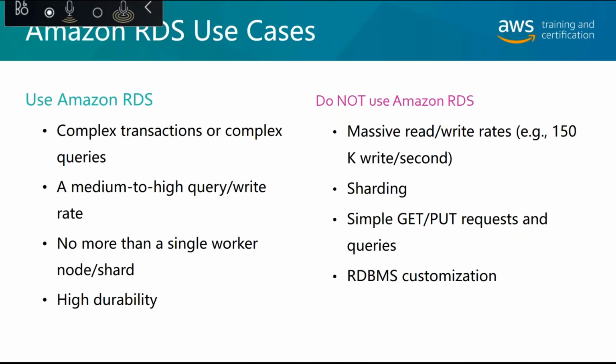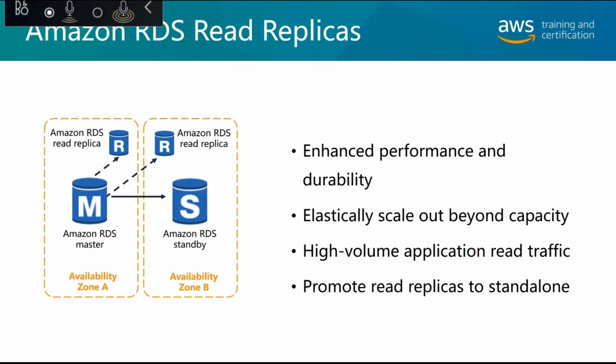And always remember that with RDS, you can have a master and standby. You can also have read replicas. Read replicas can be in the same region, but they can also be in different regions if you want. They enhance performance and durability. It's great for high volume applications and read traffic. You want to offload from the master, so you can have read replicas, and then you can promote read replicas to standalone.